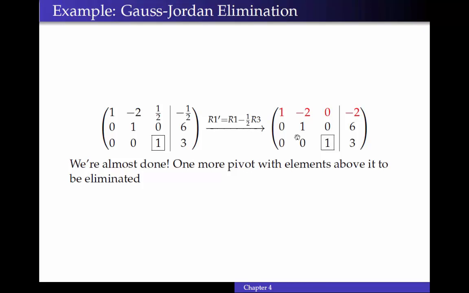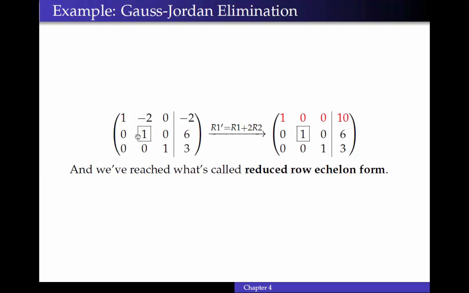And we're almost done. We have one more pivot with elements above it. So moving back up to our next pivot, we want to eliminate this minus 2 above it. To do that, we're going to add 2 times the second row to the first row.